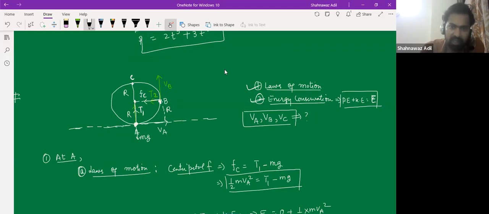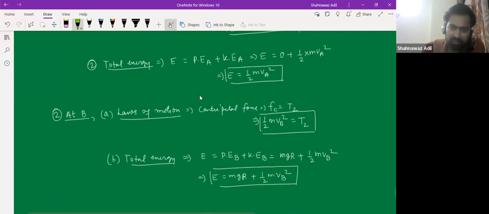And then I have this mg in the same direction, right? So I have mg, and I have this centripetal force, right? And I have this tension as well. Let's say T3. So how much is this thing?